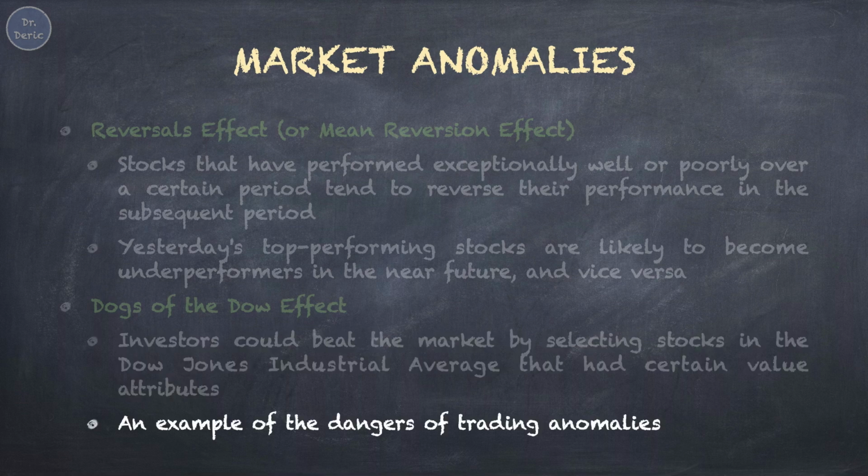However, it is considered an example of the dangers of trading anomalies, because in practice, it may not consistently outperform the broader market. While it has had periods of success, it can also have periods of underperformance, and its simplicity may not always lead to superior returns.